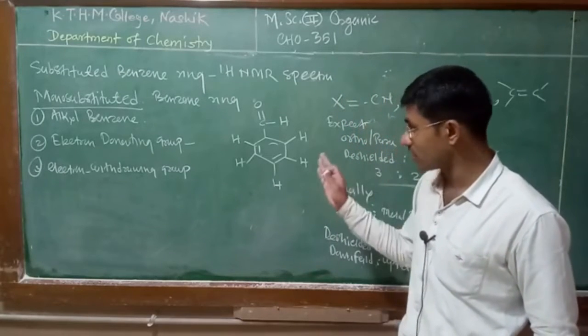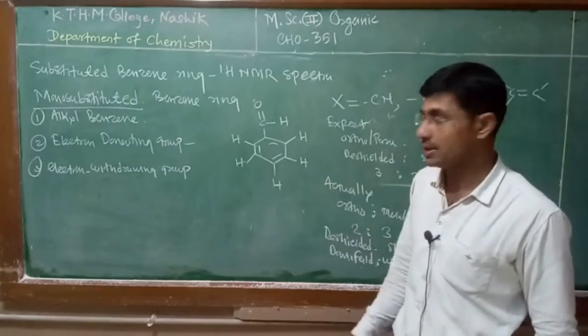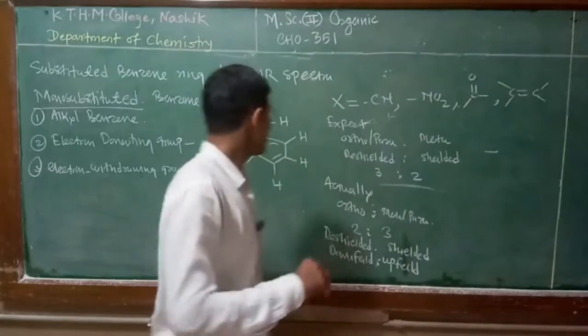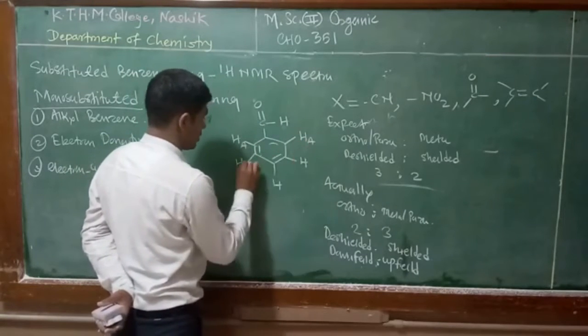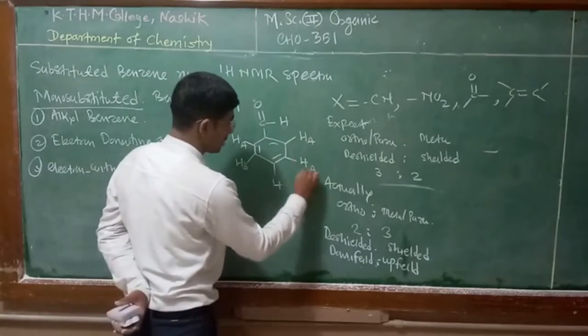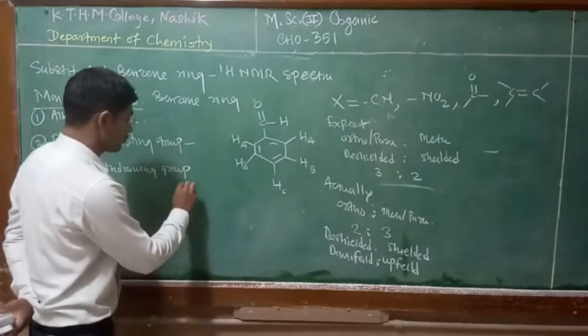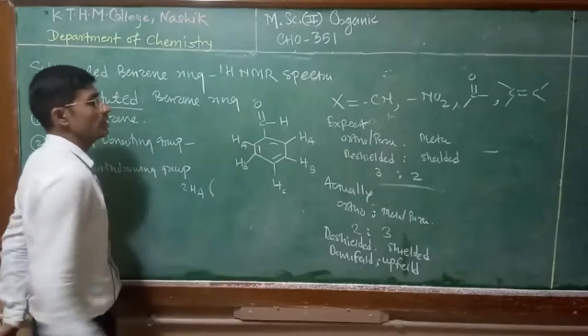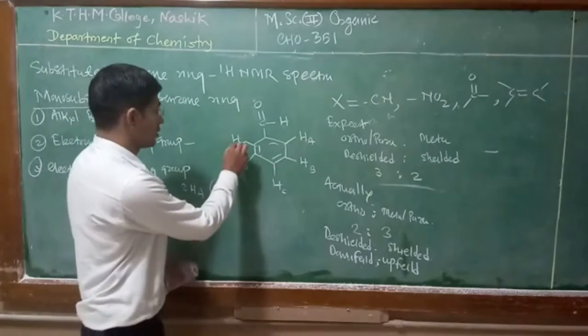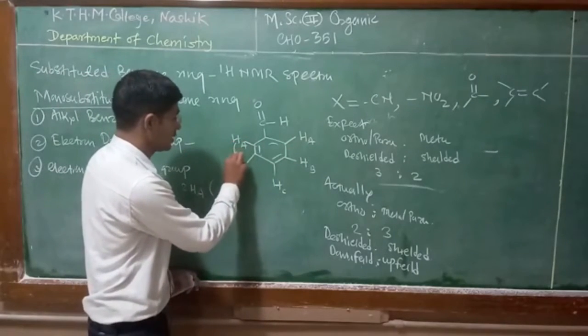For example, consider benzaldehyde. In this benzaldehyde, this is the Ha proton, this the Hb proton, and this is Hc suppose. These two Ha protons couple with this.